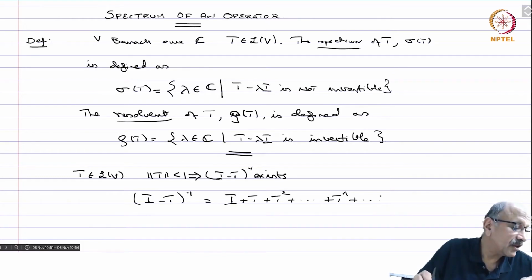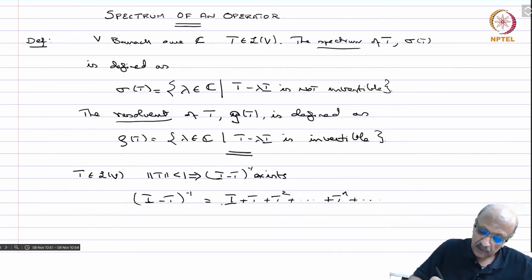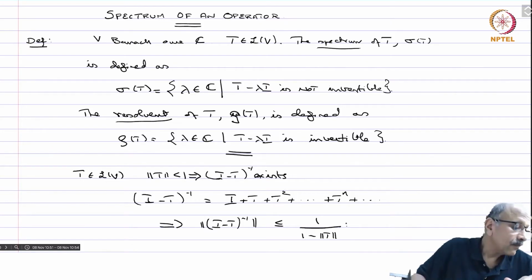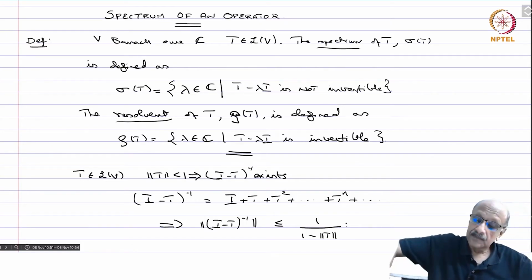That's the infinite series. If you take the norm, you get norm I plus norm T plus norm T squared and so on. That's a geometric series with norm T less than 1, which is convergent, so norm of (I minus T) inverse is less than or equal to 1 by (1 minus norm T).